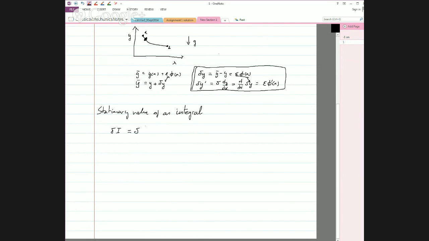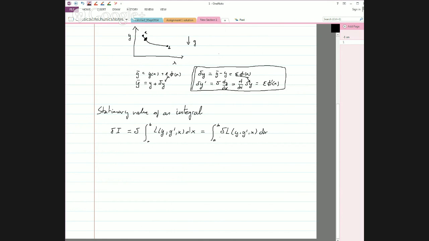So that's delta of the integral from a to b of L that depends on y, y prime, and x dx. And we also saw last time that the delta can come inside of the integral, right? So that's the same as the integral from a to b of delta L y, y prime, and x dx.